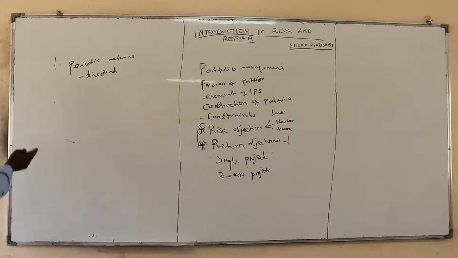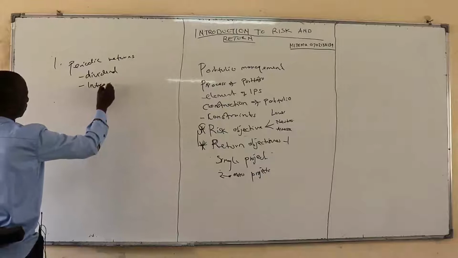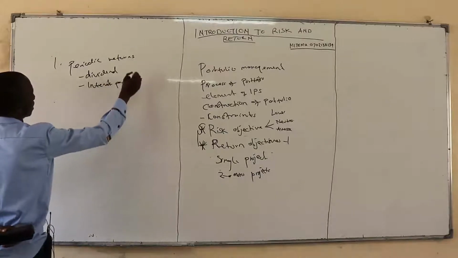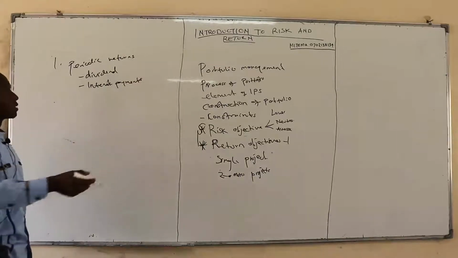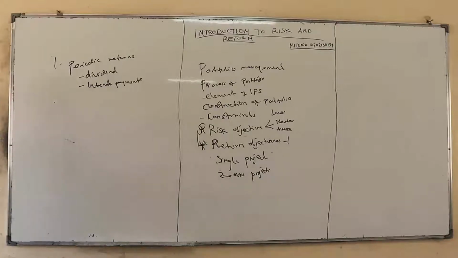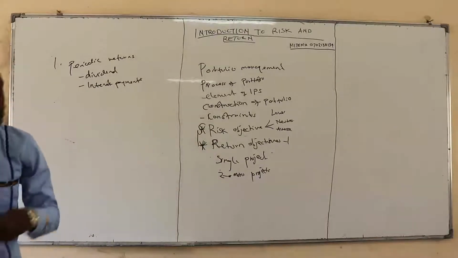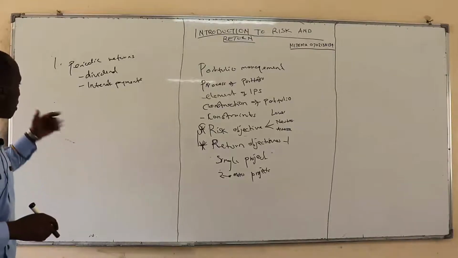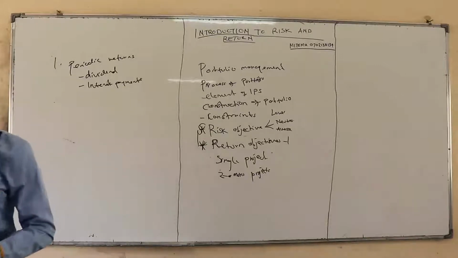At the same time, we have interest payments, which are also an example of a periodic return. You can pay interest on a monthly basis or an annual basis. Even semi-annual, twice in a year, quarterly, and also annually, once in a year.